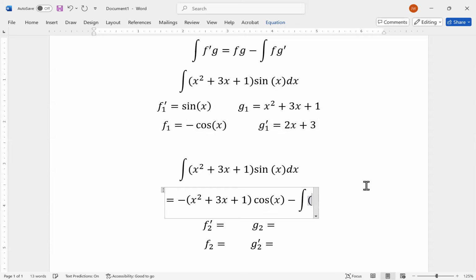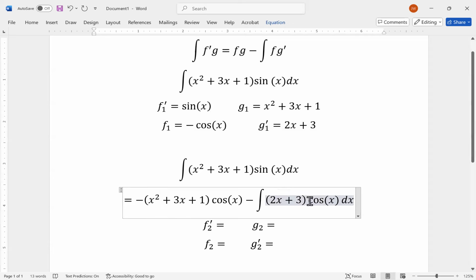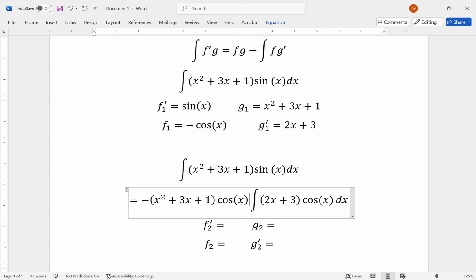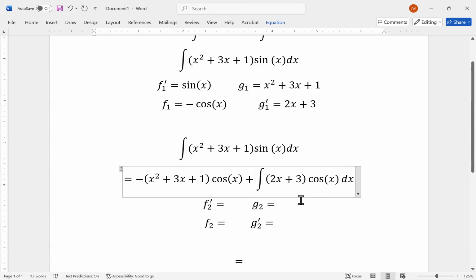So g prime is 2x plus 3. F is negative cosine. And I'll distribute that negative out front. Negative times a negative is going to give me a positive. So that's what I get when I do the first integration by parts.